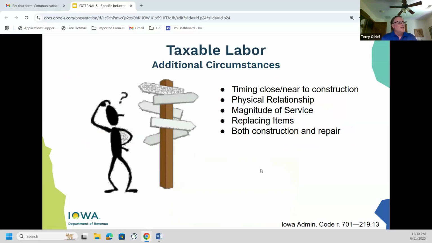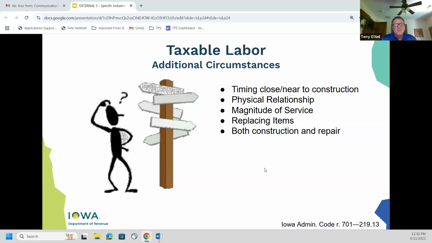A couple other things to think about when it comes to taxable labor. Some other factors that we look at as the department, an example of that would be the timing, if the service is close to or near the construction. And an example that I always like, if somebody has a lot, has some bare ground, maybe it's not level, maybe it's got some trees in it and such.